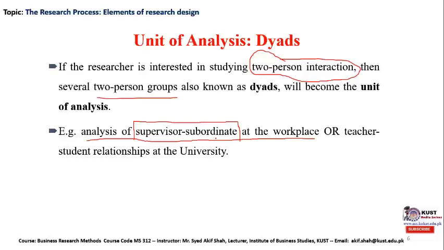So here the two people are a dyad, the relationship between supervisor and subordinate has to be collected, and then its relationship with the productivity of the specific department or overall the organization is to be found out.